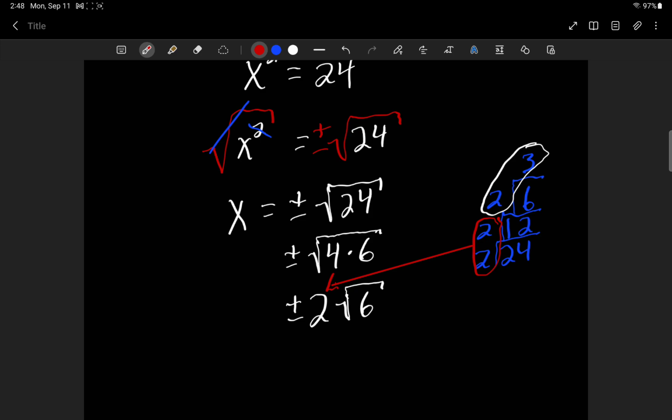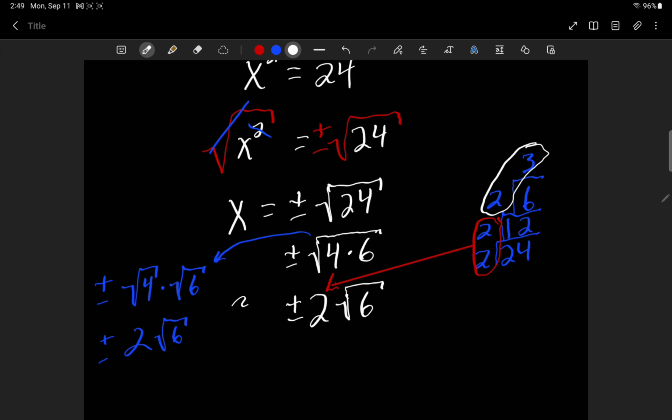It's kind of like I'm separating this piece into the square root of 4 times the square root of 6. And the square root of 4 just becomes the 2. So then I'm left with the 6. And then, of course, we had the plus minus in front, so that stays.